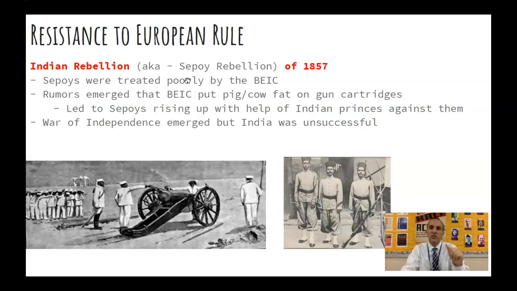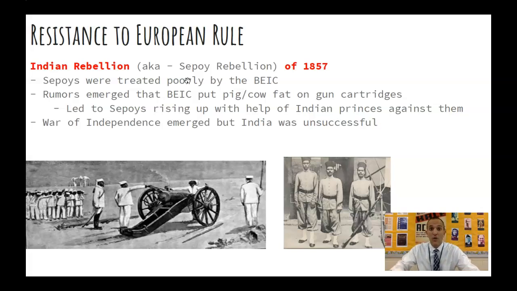Now you have Hindu and Muslim sepoy soldiers using pig and cow fat on the gun cartridges. They also had to bite off the top of the cartridge, so they had to ingest it. To the sepoys, this is sacrilegious. One of the causes of the rebellion, besides being treated poorly, is this pig and cow fat, and the sepoys rise up and rebel against the British East India Company.